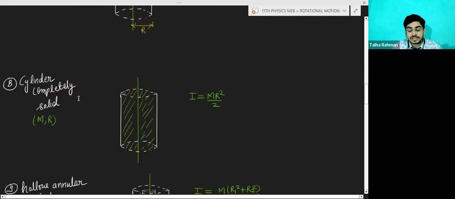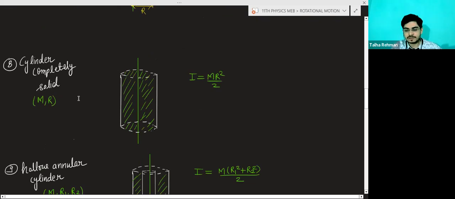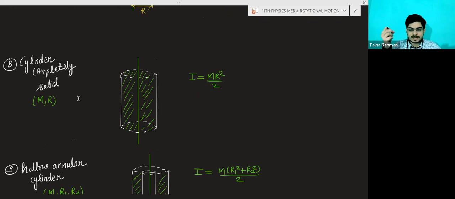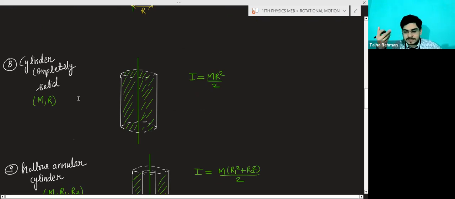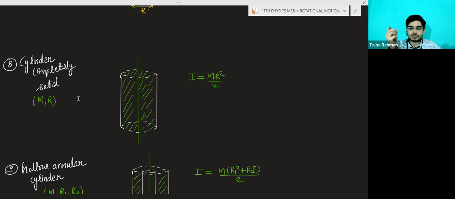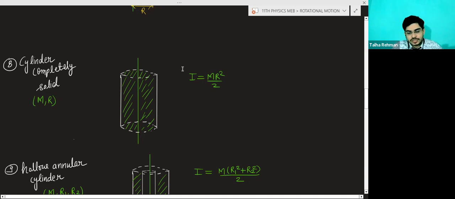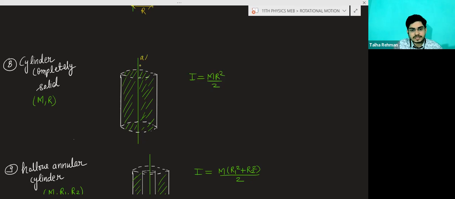And if the cylinder is completely solid, like a cell, you have seen a cell, right? We can say a cell is a completely solid cylinder. The moment of inertia of a completely solid cylinder about its axis is mr square divided by 2.